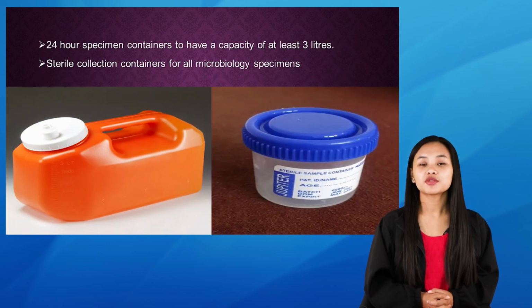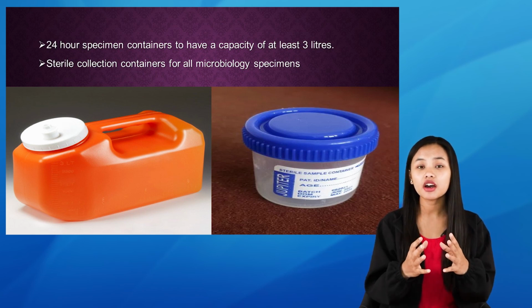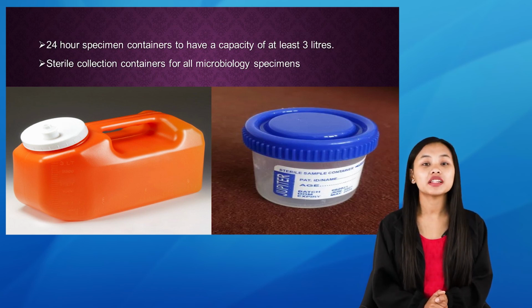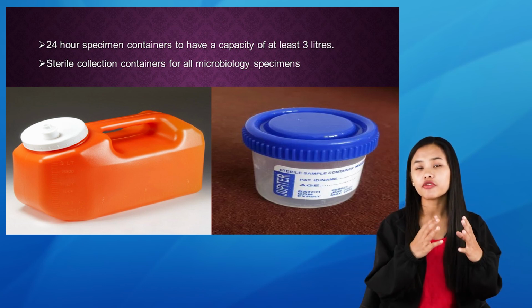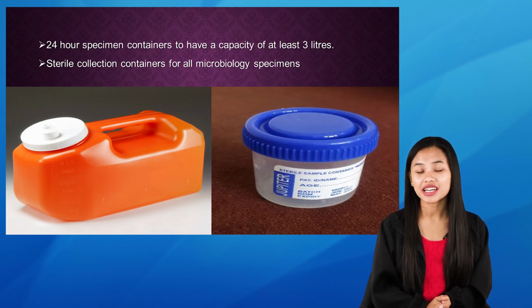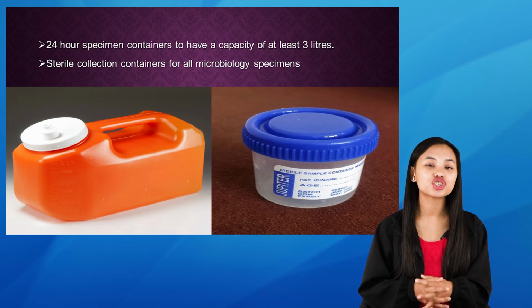If a 24-hour specimen must be collected, then the 24-hour specimen container must have a capacity of at least 3 liters. If any specimen must be collected for a microbiology test, then we must make sure that we provide a sterile collection container.